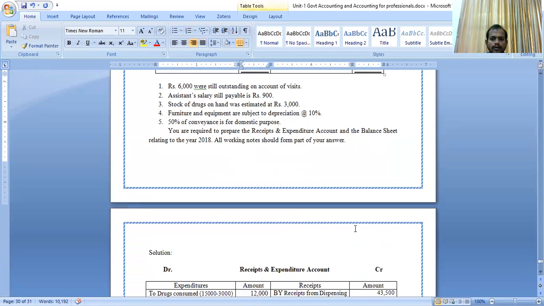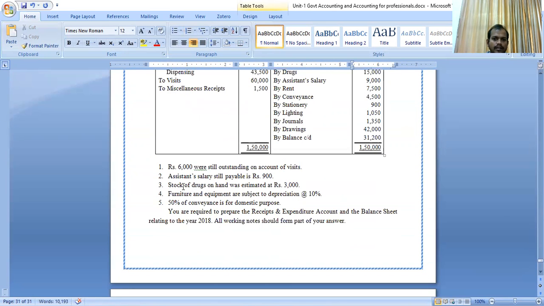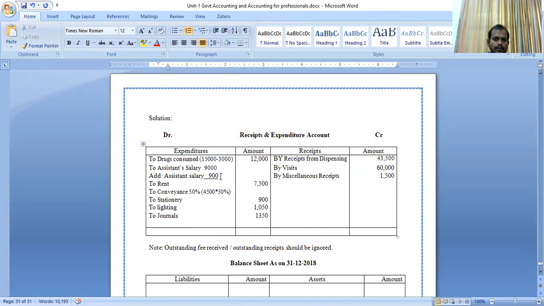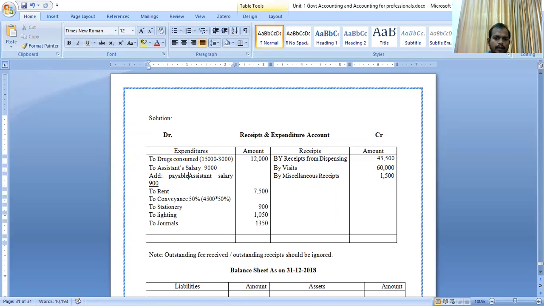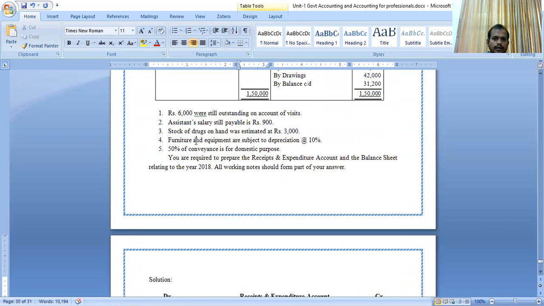In the sense, we take 60,000 as the final amount. Another one is assistant salary payable 900. So we have to add the assistant salary payable so that the amount is 9,900.